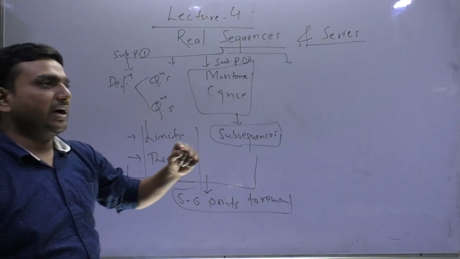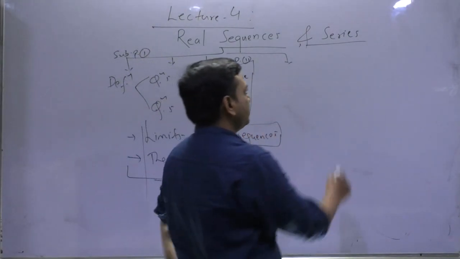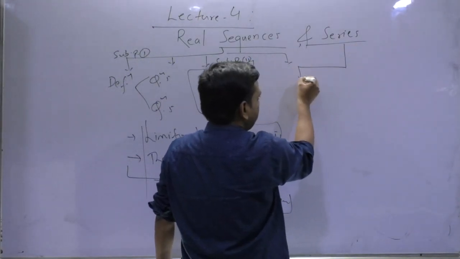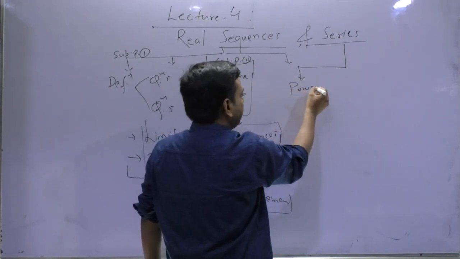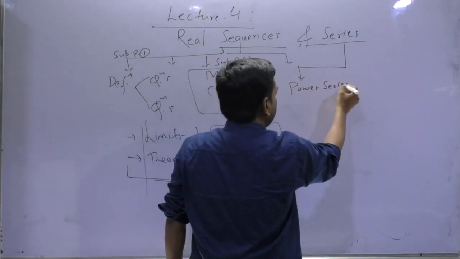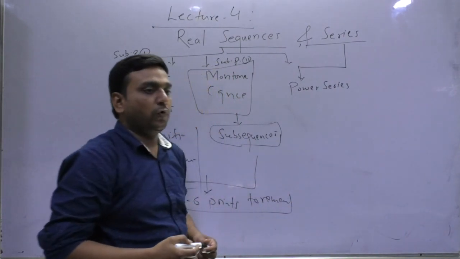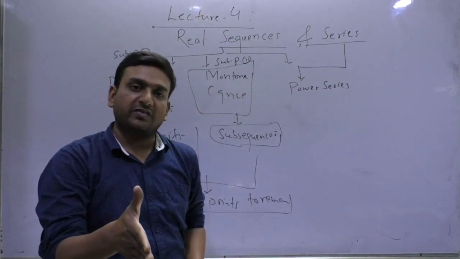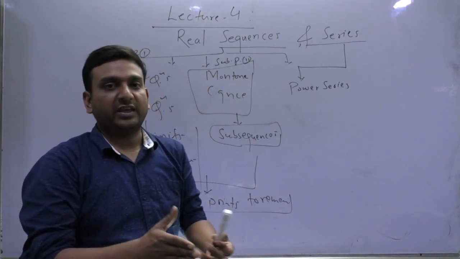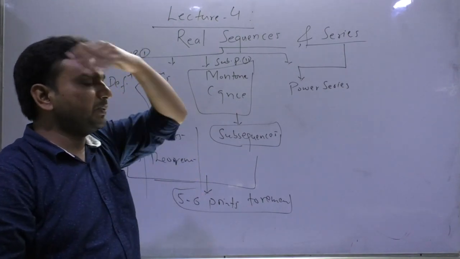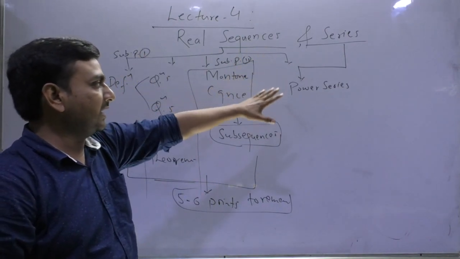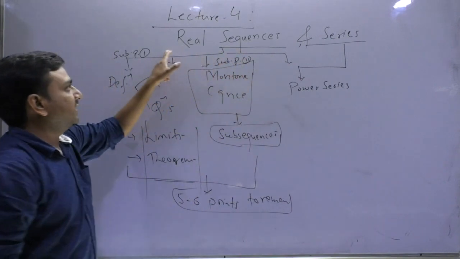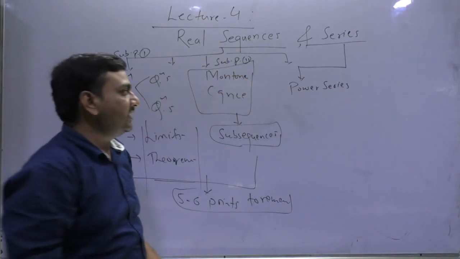After this I will move on to the series part. For series I will start with power series. This lecture 4 may comprise 3 subparts of 1 hour each, but everything I will deal with under this heading, real sequences and series.